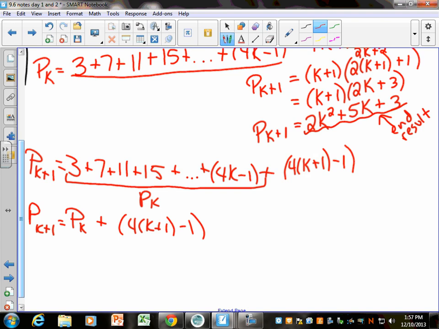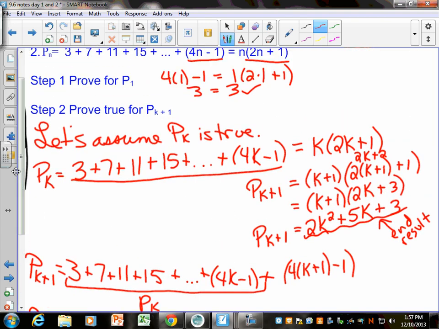Do I know what p sub k adds up to? Scroll back up. Let's go up here. P sub k, do I know what it adds up to? Is that the sum of p sub k? Every time. It's why we write this first step out, is we know that p sub k is supposed to add up to this.